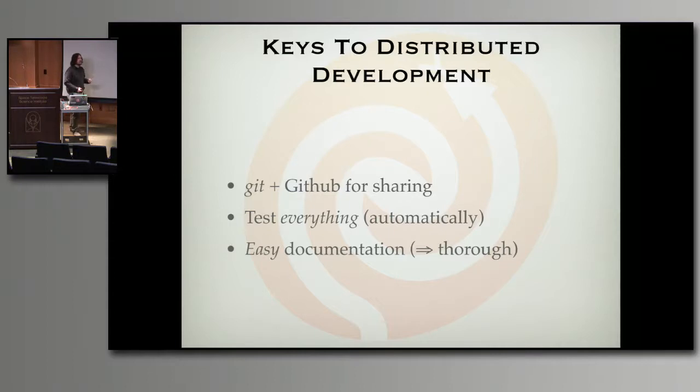That's the only way to keep a large community cohesive and working in the same direction. And finally, you have to sort of use the same tools, but for documentation. It has to be very straightforward to document the code. It has to be considered at the same level as the code itself, and that will make the code thorough. So these are what I see as sort of the key elements of a community-driven software development model.